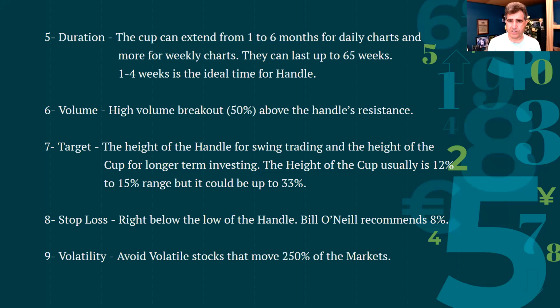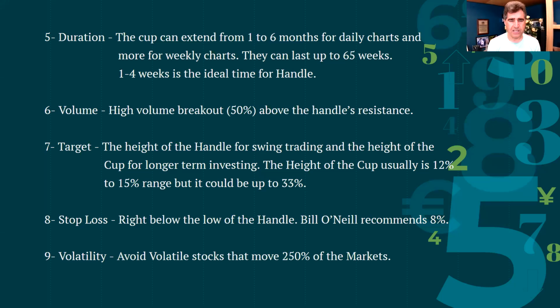Your stop loss. So the stop loss, you can use any type of technical tools that you use. Generally, it's easier to just look at it visually and go 1 tick or 2 ticks below the low of your handle. Now, Bill O'Neill, and I think someday we should do something on his CanSlim, the 7 keys he uses to choose his stocks.